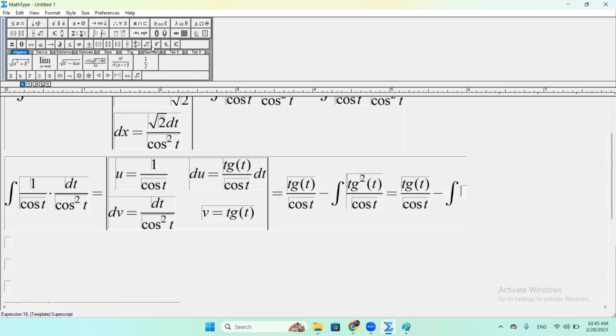So 1 minus, stop. 1 minus 1 over cosine square minus 1, yeah.